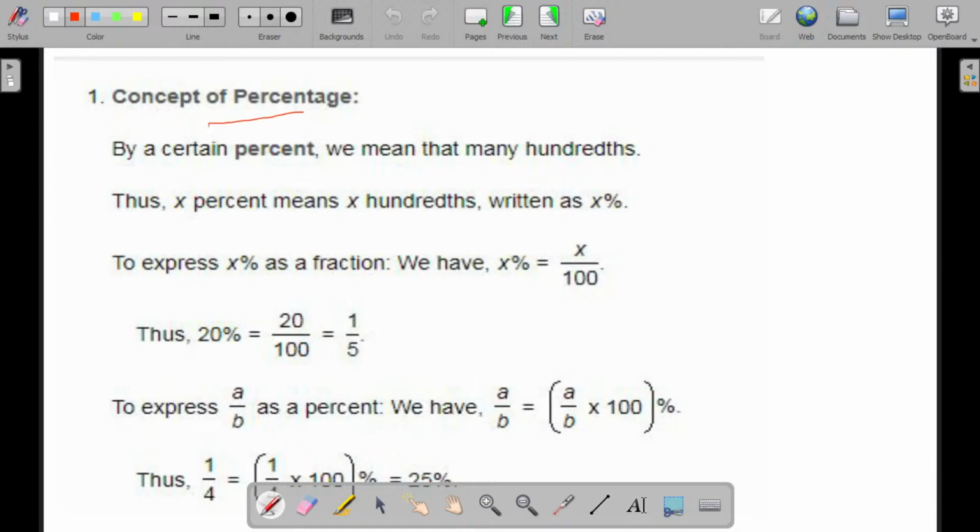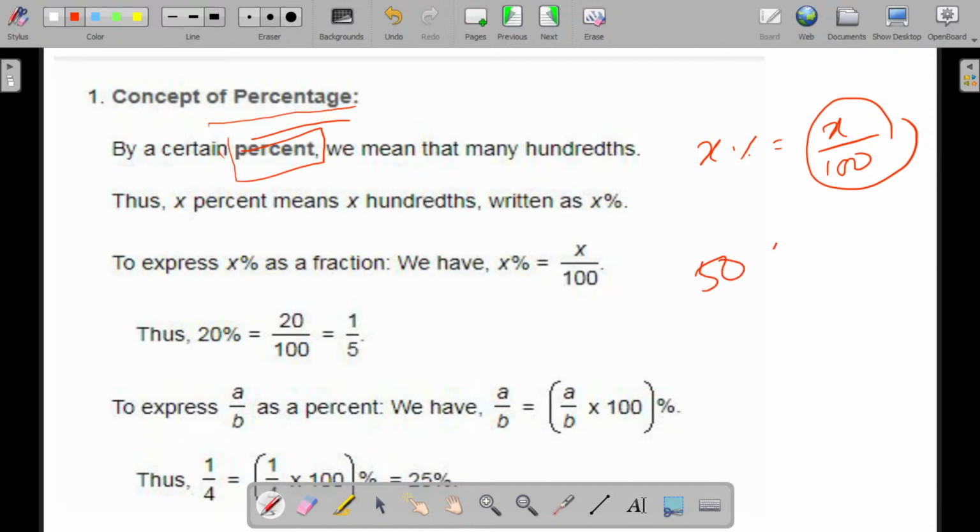So the percentage. As you know, percentage means per hundred. x percentage means x by 100. So 50 percentage is 50 by 100. As you know all these concepts, today we'll discuss some concepts based upon the percentage topic.